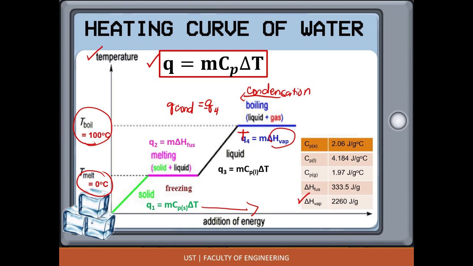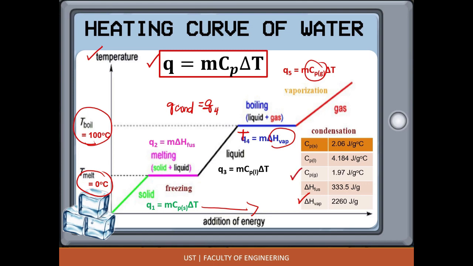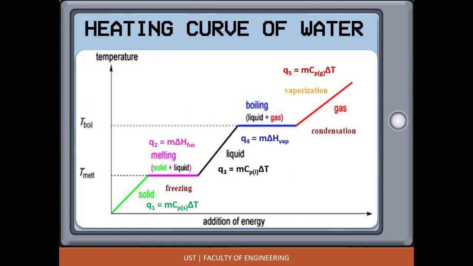The continuous addition of heat will eventually completely vaporize the water, so the temperature will also increase again. Since there is change in temperature, mCp delta T could be applied. It can be noticed that in this problem, we encountered again these two types of heat.